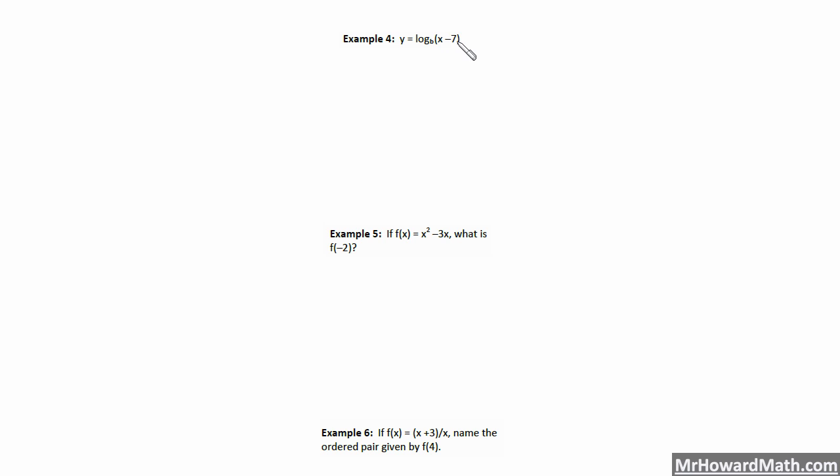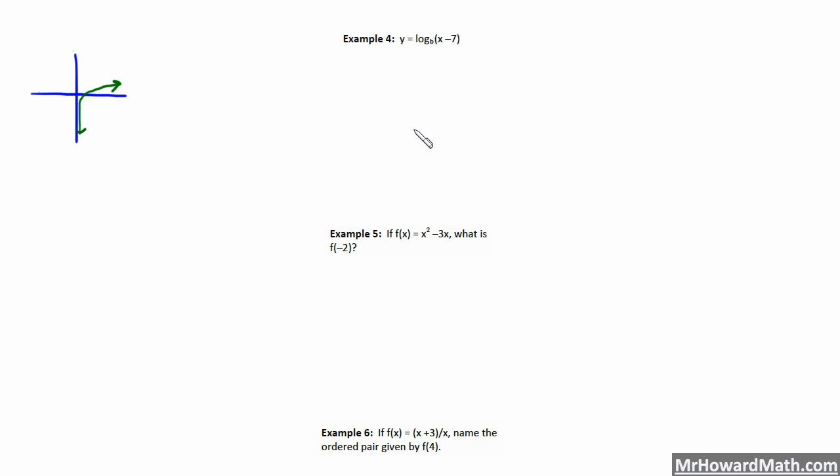So whatever we're taking the logarithm of must be greater than 0. It can't be equal to 0, and it can't be a negative number. And if you think back to Algebra 2, the parent function of a logarithm looks something like this, right? That's not the best graph, but it's not defined at 0 or any negative values.